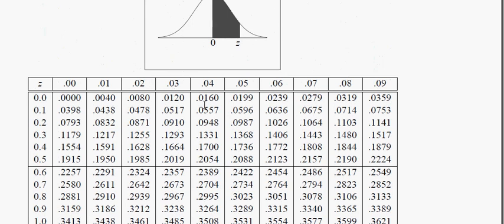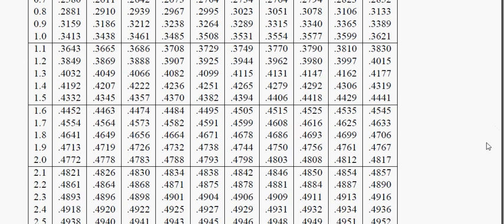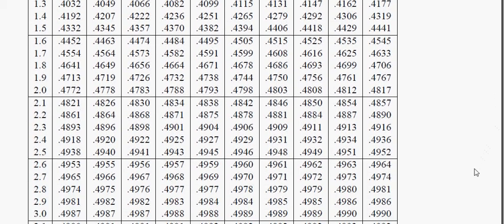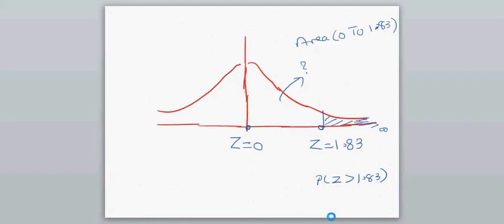This is 3, so 1.83 will have 1.8 and the 3. This is 0.4664. So this is 0.4664, and we know the total area from.